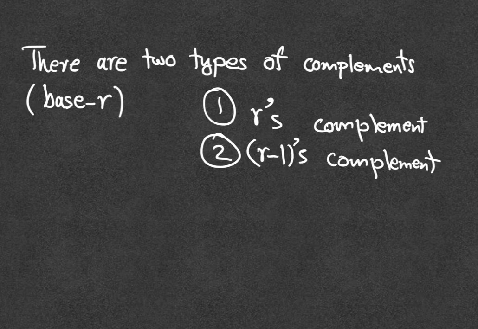For example, for base 2, which is binary, you have 2's complement and 1's complement. For decimal numbers, which is base 10, you have 10's complement and 9's complement.